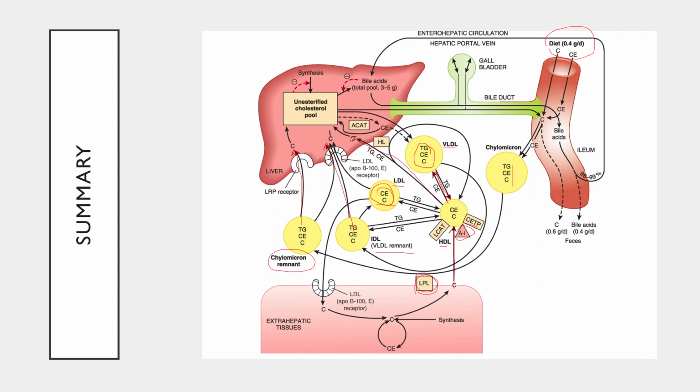And we'll see that this is very important, as the only means of disposing of cholesterol from the body is through bile acid synthesis. So you'll notice that all of our particles, chylomicrons, VLDLs, and HDLs, can contribute to our unesterified cholesterol pool. In our next discussion, we'll see how the levels of this pool of cholesterol influence the synthesis of cholesterol itself.